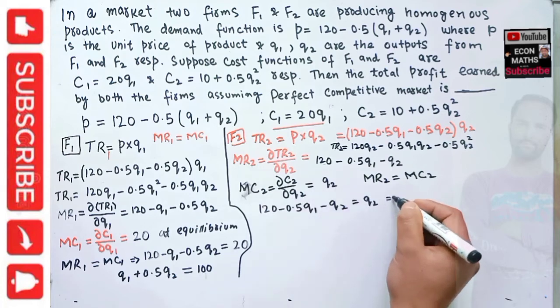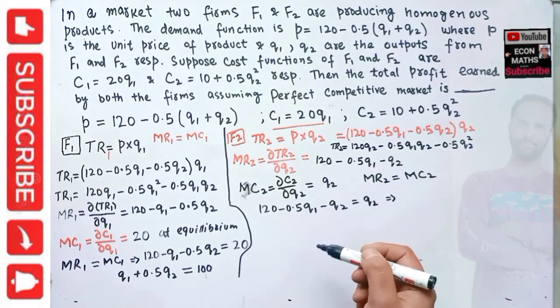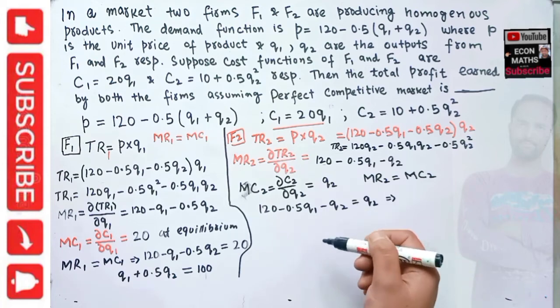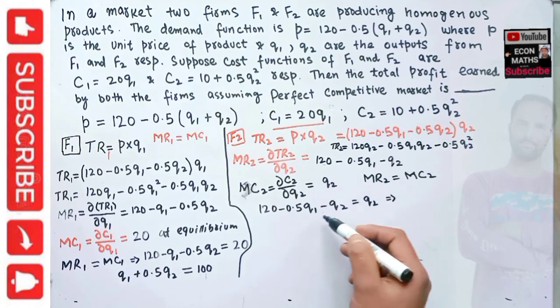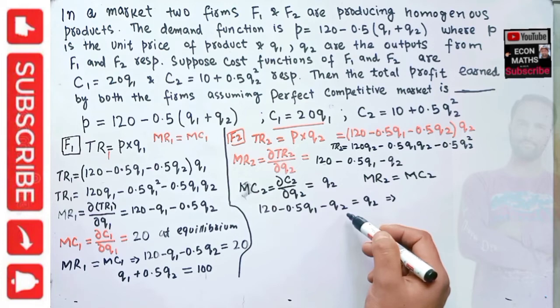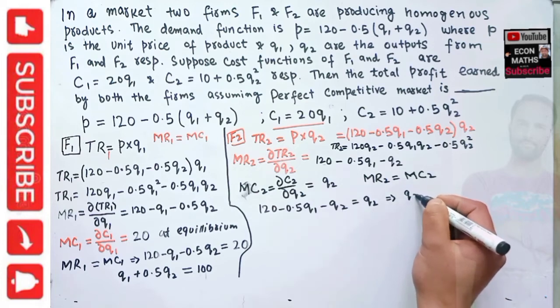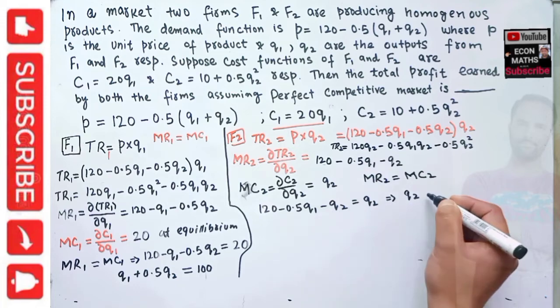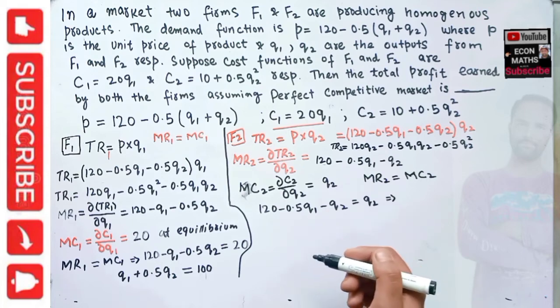When we solve this, we transpose these terms to the right-hand side, so this will become Q2. Then let us do one thing here.